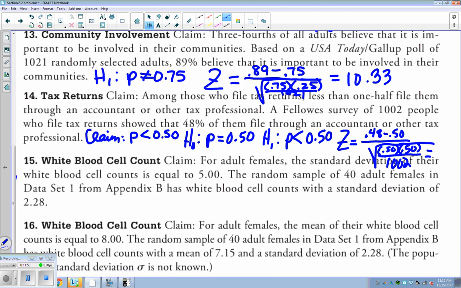And what do we end up with? Negative 1.27. Okay? Negative 1.27. And knowing what we know about z-scores, that's not really extremely low, is it?